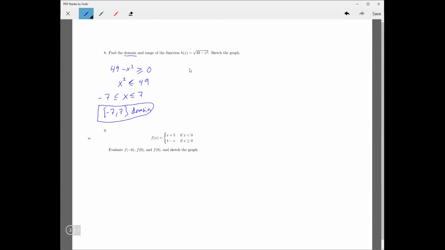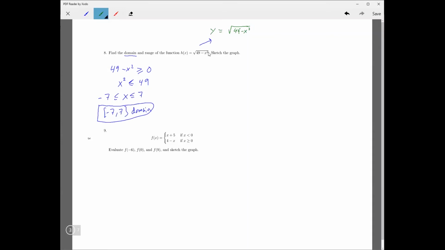And then for the range, another way to look at this is, does anybody recognize what geometrical object that is going to be the graph of? Before we move on, why is the domain -7 to 7?